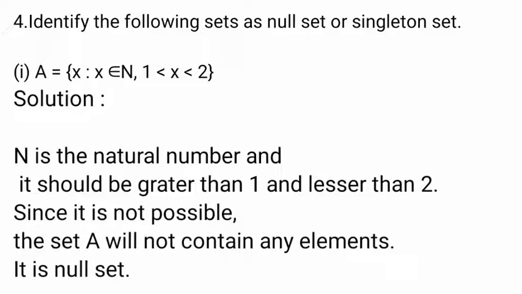Since it is not possible, set A will not contain any elements. So what is the type of set? Very good, null set. What is the meaning of singleton set? Yes, it has one element.